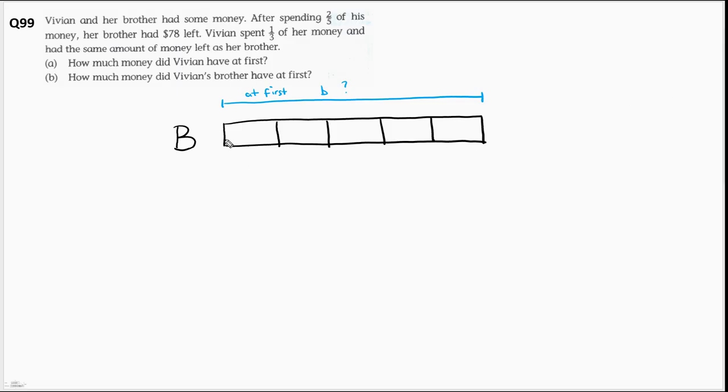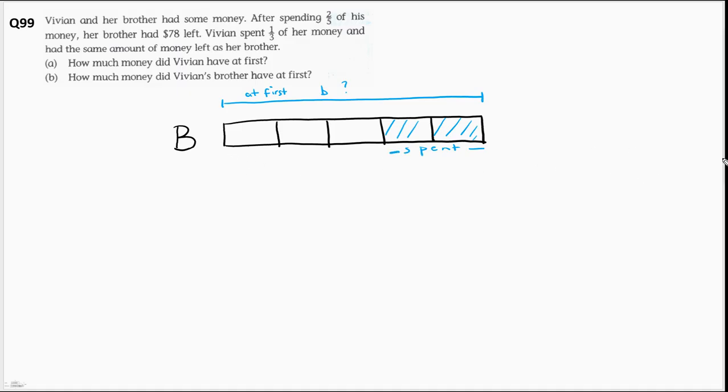And we are told that after spending 2/5 of his money, so we can also shade in what he has spent. He spent 2/5 of this money. Okay, this is what has been spent.